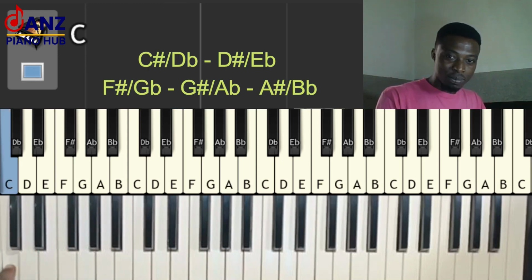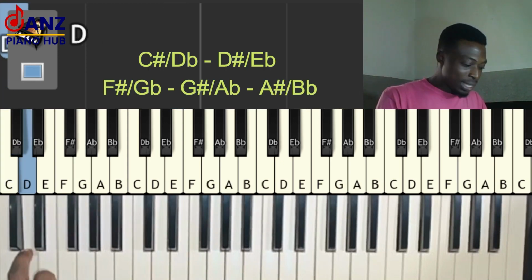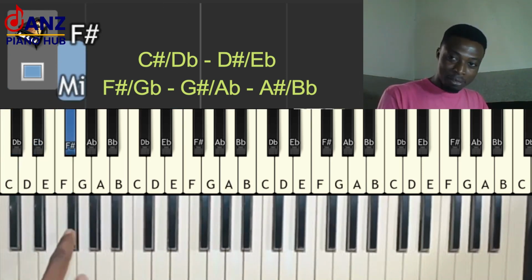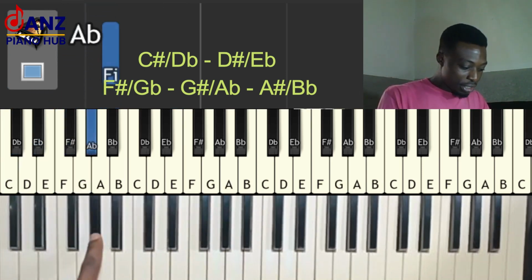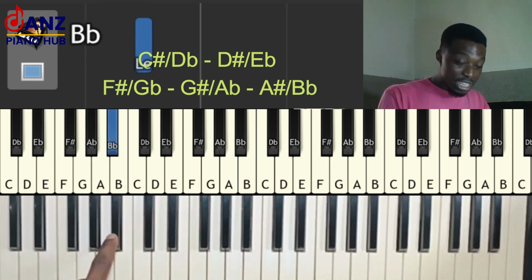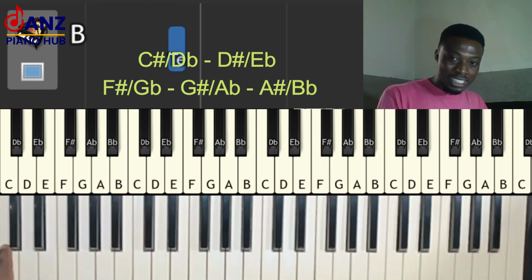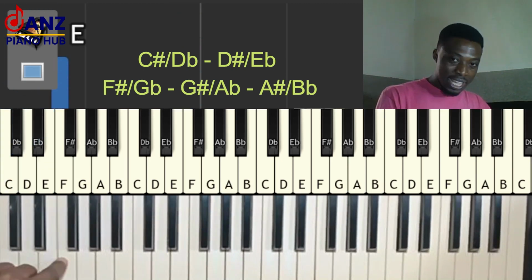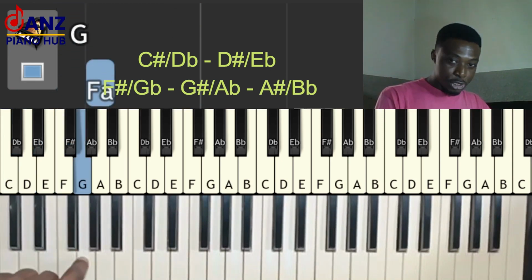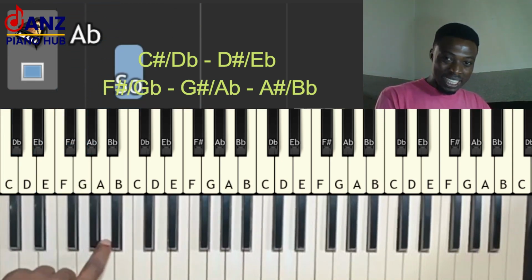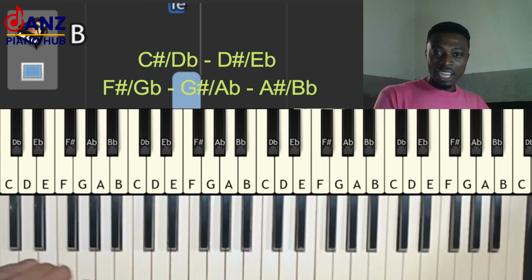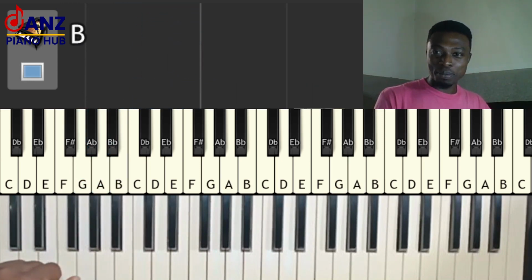So we have C, C sharp, D, D sharp, E, F, F sharp, G, G sharp, A, A sharp, B. Or you can decide to say C, C sharp, D, E flat, E, F, F sharp, G, A flat, A, B flat, B. So I want you to take out some time and practice that.